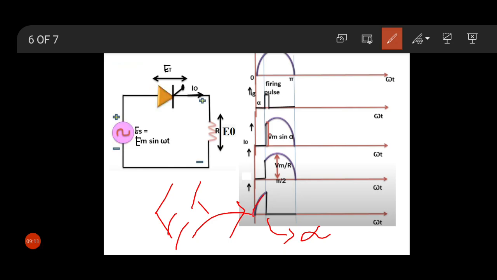After alpha, the thyristor starts conducting and current flows through the resistor. So here the terminal voltage is 0. When the thyristor does not conduct, we get the terminal voltage, but after providing the firing pulse, the thyristor starts conducting, and at that moment the terminal voltage is 0.